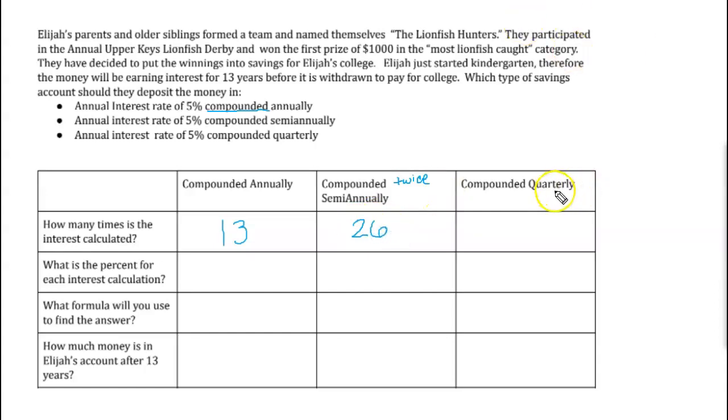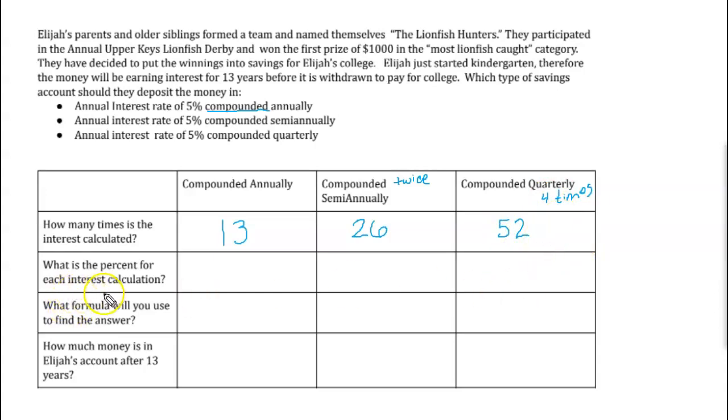And then quarterly, that's 4 times per year. So again, if it's 13 years, and each year he gets his interest calculated 4 times, then that's 52 total times that he gets his interest compounded.